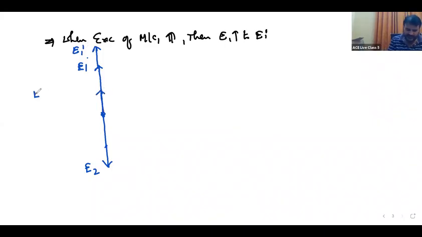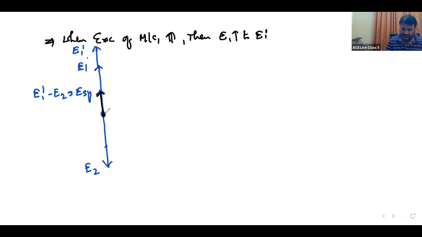I can say this is E1 dash minus E2, that is equal to ESY, the synchronizing voltage. ESY is the difference of these, and it will be along the bigger vector because E1 dash is greater. That's the reason ESY is also along the bigger vector.